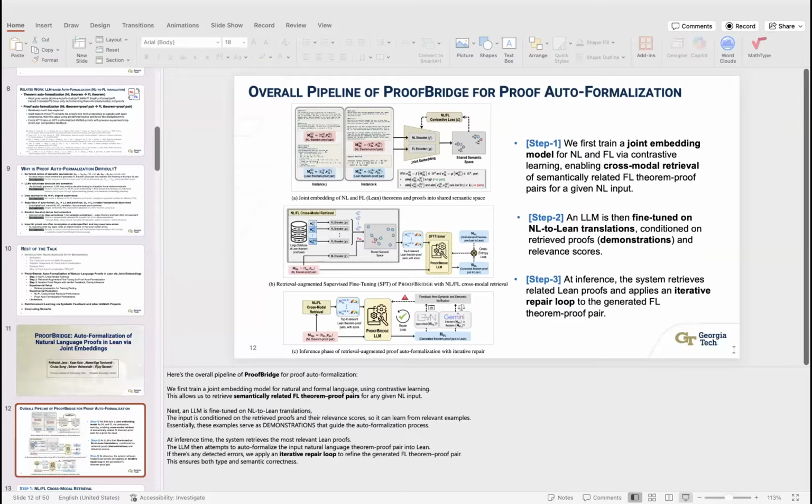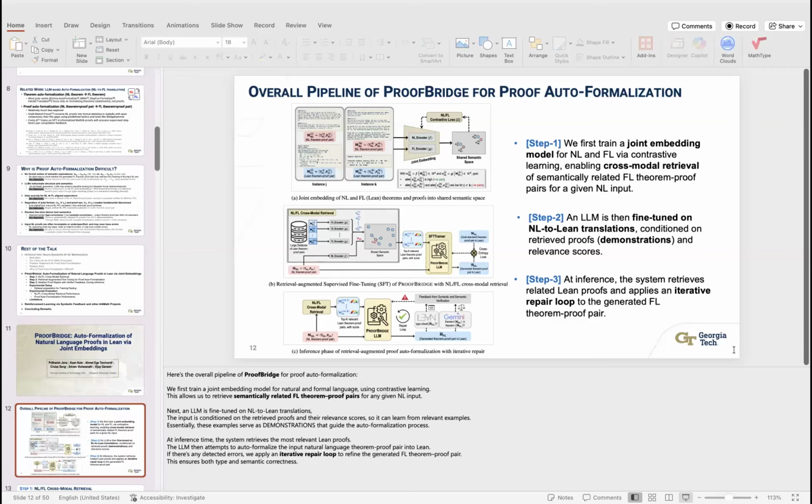I think we had 40,000 NL-FL pairs of theorems and proofs. And that was pre-trained fresh, not on another pre-trained model like a BERT? No, the joint embedding was trained by us, from scratch. Okay. And for the LLM, if I recall correctly, we used some variation of the Kimina prover.